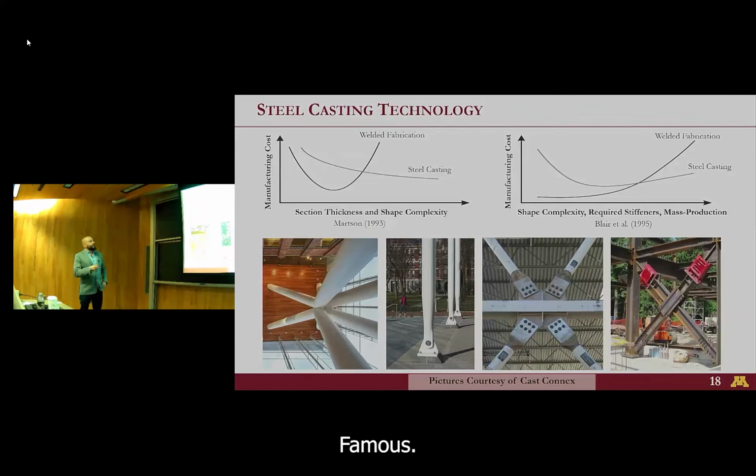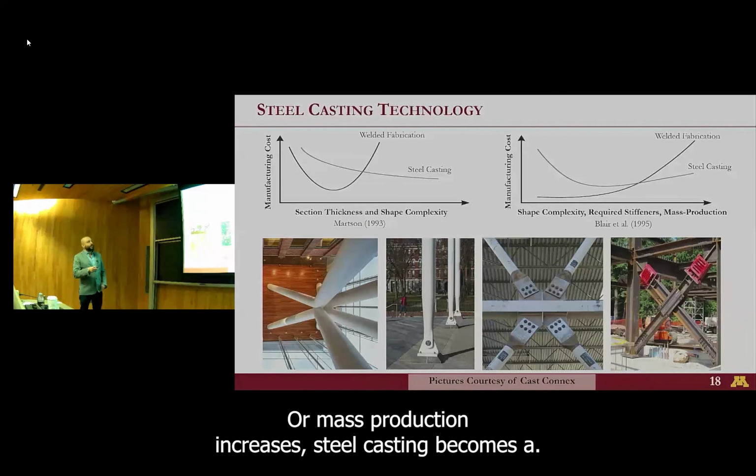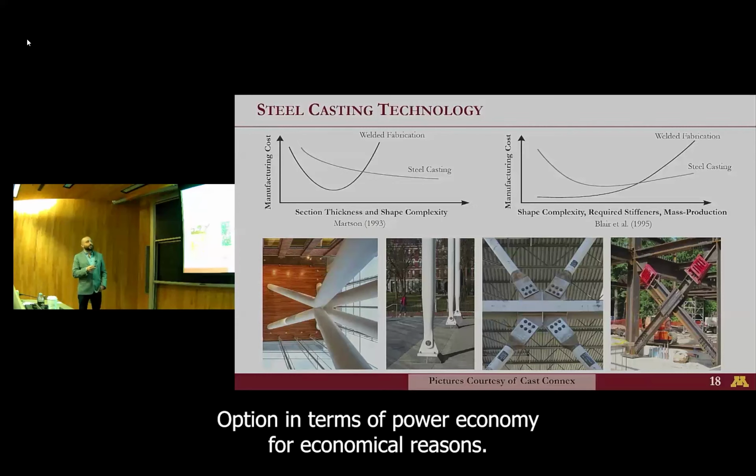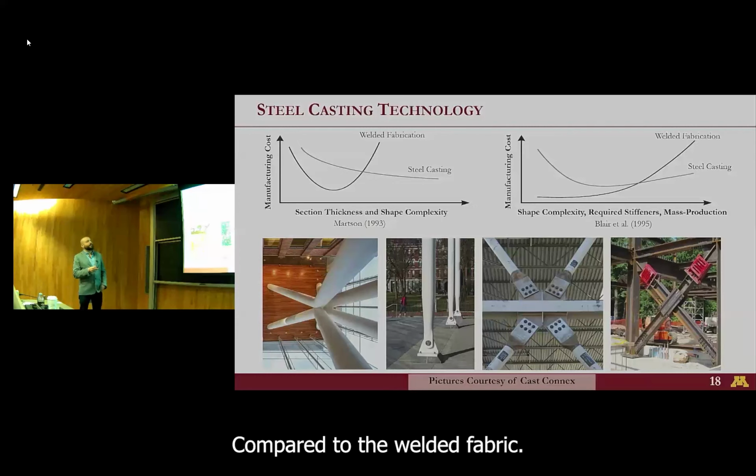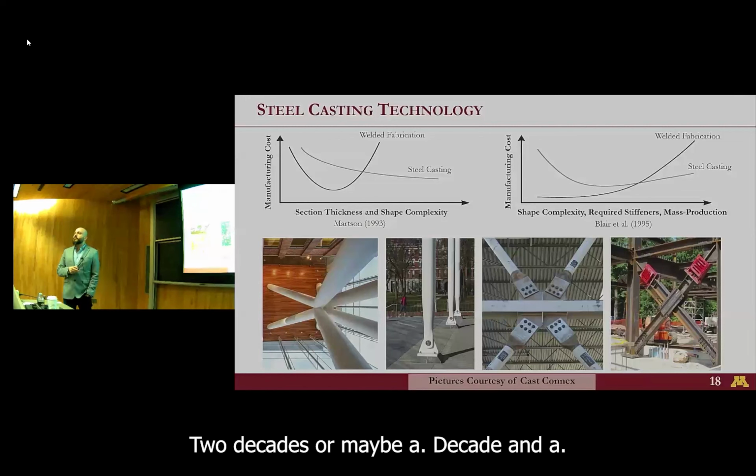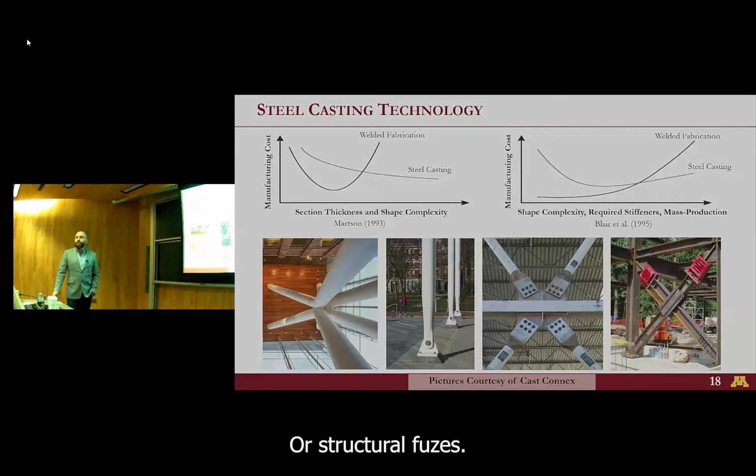So these are two famous graphs that show as the shape complexity or mass production increases, steel casting becomes a better option for economical reasons compared to the welded fabrication, right? And also, it's been maybe 2 decades or maybe a decade and a half that people have started using steel casting for ductile elements or structural fuses.